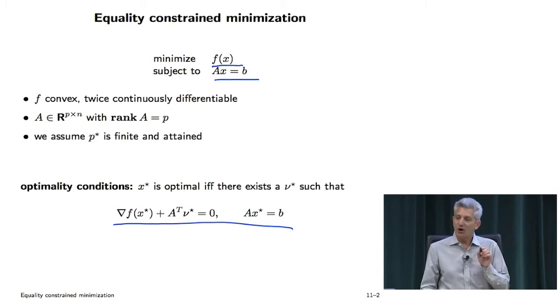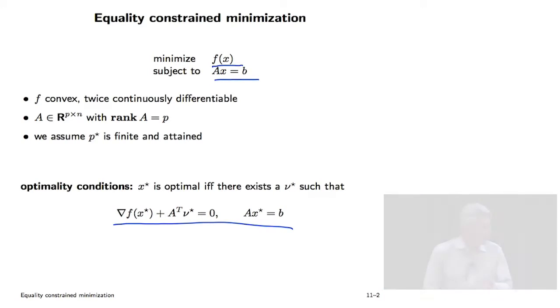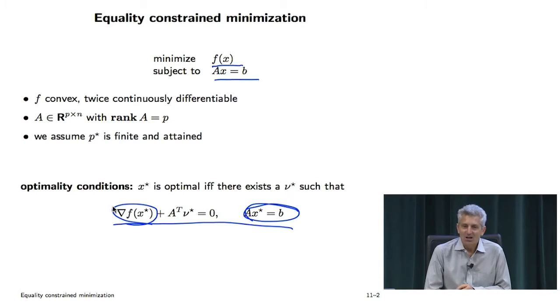Interestingly, these equations are affine in nu star. They're not nonlinear in nu star, they're affine. Now, what are they in x? Well, that's linear, right? Except for one case. When is the gradient of a function an affine function? When it's quadratic, right?